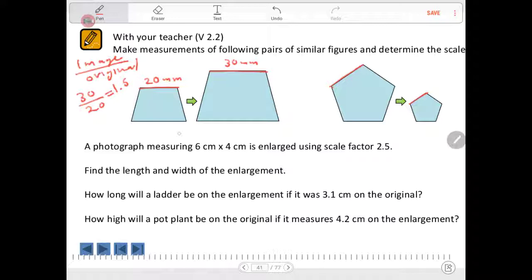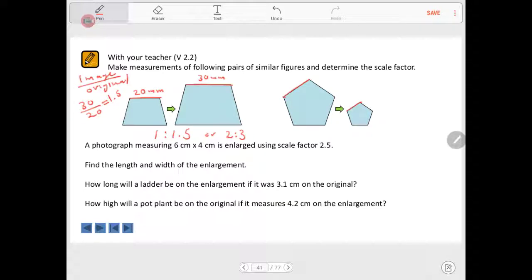So here our scale for enlargement is 1 to 1.5. So everything has been enlarged by 1.5 here. We could also say this is 2 to 3 if we wanted to have integer values. So by integer I mean whole number values. Here we've got a decimal 1.5, that's not an integer. Okay, but 1 to 1.5 is fine.